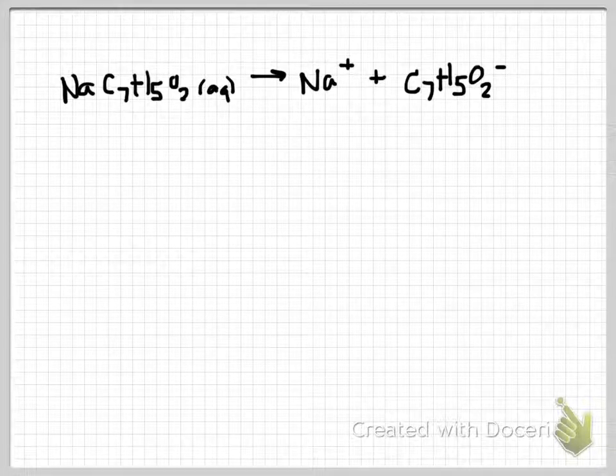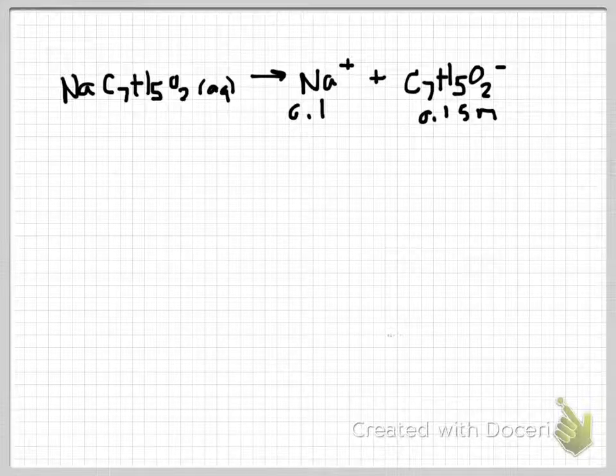So initially I had 0.15 molar of our sodium benzoate, so I actually have 0.15 molar of my benzoate ion and 0.15 molar of my sodium cation.